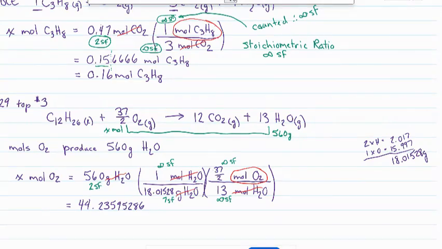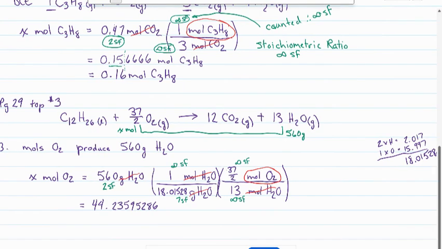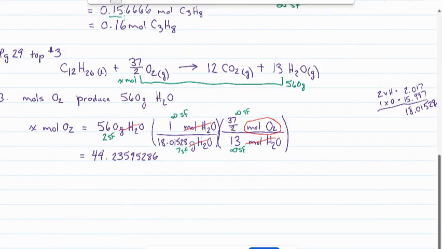Okay, so we want to only have 2 significant figures here, so we're going to drop a line right here, and we're going to look at that 2 afterwards. It is not greater than or equal to 5, so we are going to have just 44 moles of O2.